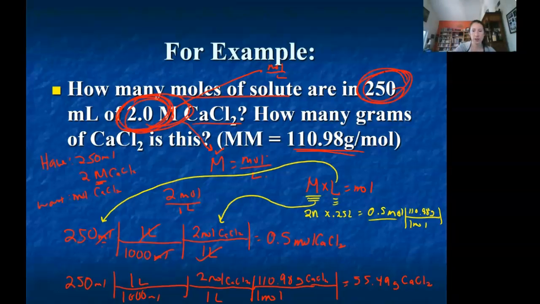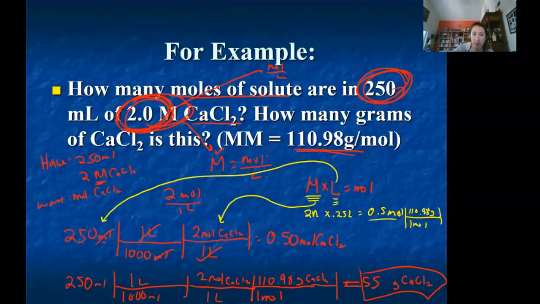This one has 2 sig figs. So let's fix all of our sig figs. So this one, 0.5 moles, now that has 2 sig figs. Let's fix this one. It would just be 55 grams of CaCl2. We're going to fix our sig figs.